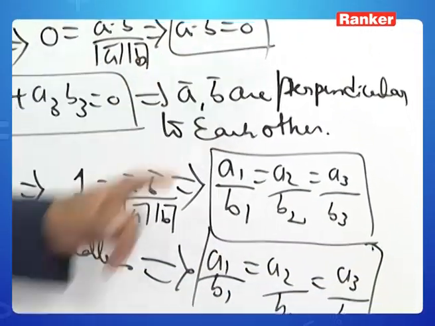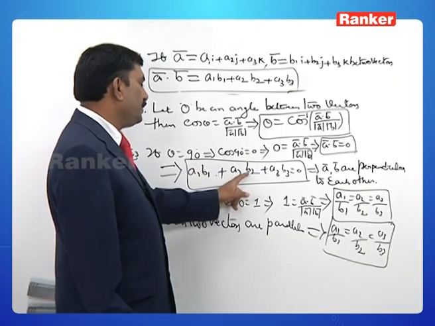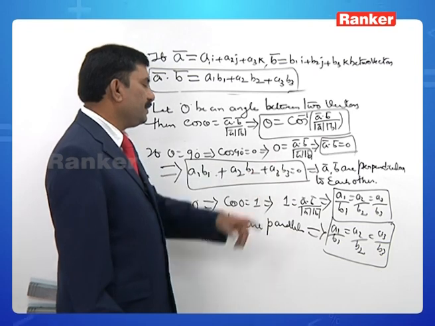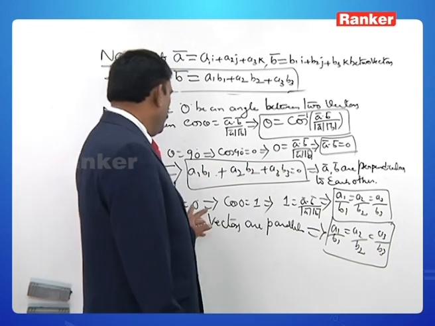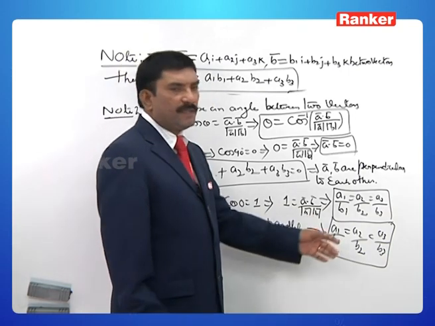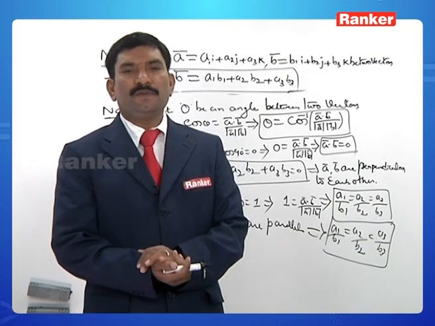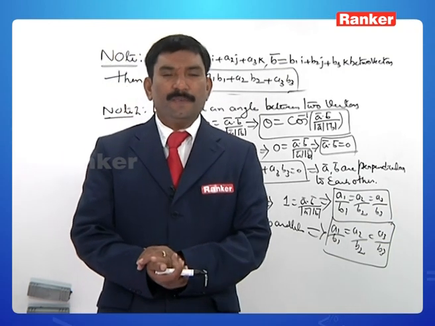Then A bar dot B bar is equal to 0. According to this, A1 B1 plus A2 B2 plus A3 B3 is equal to 0. Now, if theta is equal to 0, then the two vectors are parallel. Then we can establish A1 by B1 is equal to A2 by B2 is equal to A3 by B3.